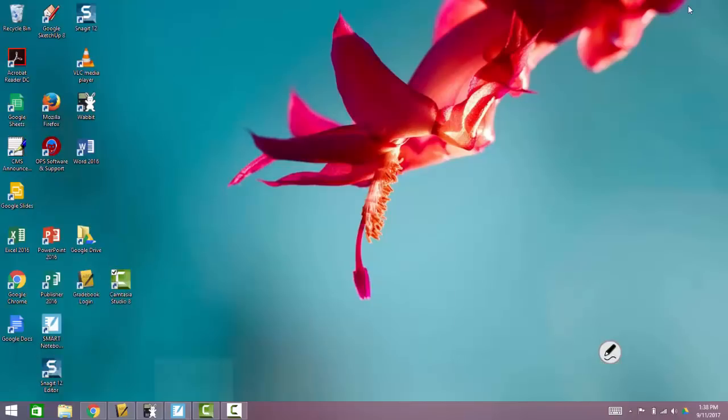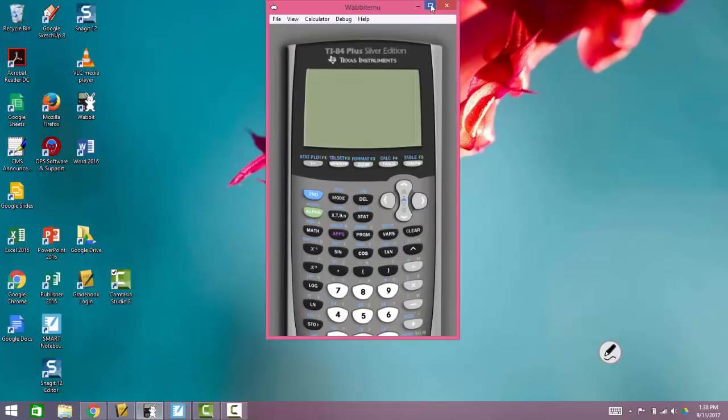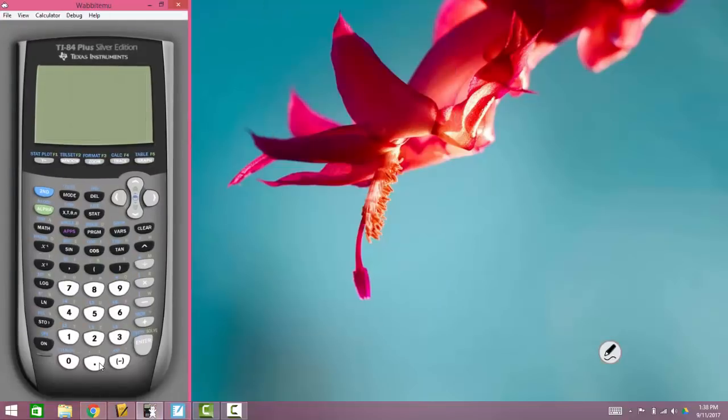So you're going to pop up your calculator. 0.2 divided by 7. So the proportion is 0.02857.